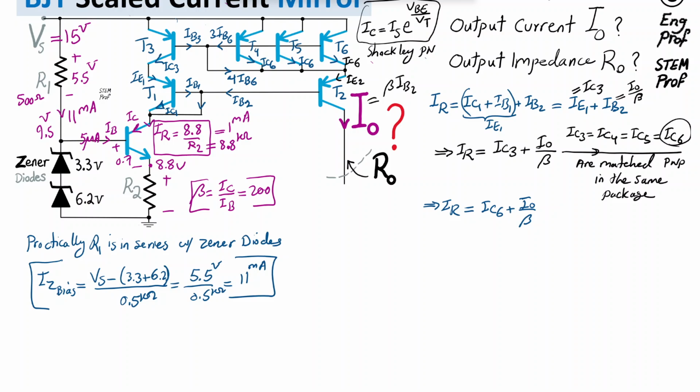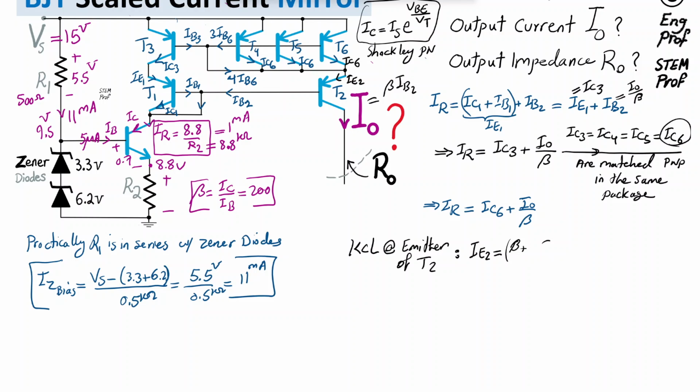Using KCL, Kirchhoff's current law, the law of conservation of current, at the emitter of PNP transistor T2 gives us the emitter current of T2 equal to beta plus 1 over beta times the collector current of transistor T2.